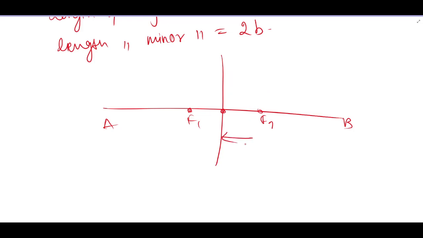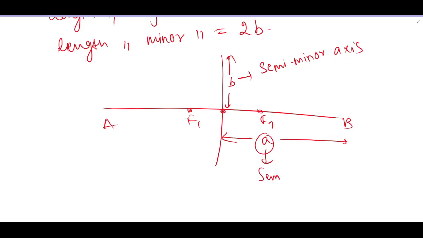So this distance is a and this is b. That is, we can call b the semi minor axis, and a the semi major axis.